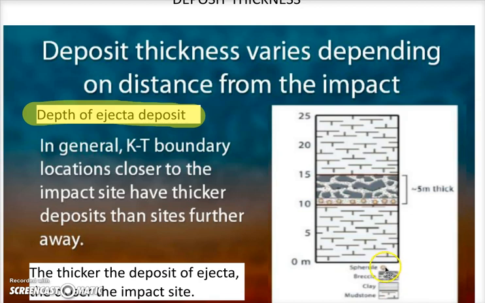These little dots represent a spherule, and the lines represent the clay in that KT boundary. A scientist would look at the thickness of this deposit to tell how far away this might have been from an asteroid impact site. So, the thicker the deposit of ejecta, the closer the impact site may have been.